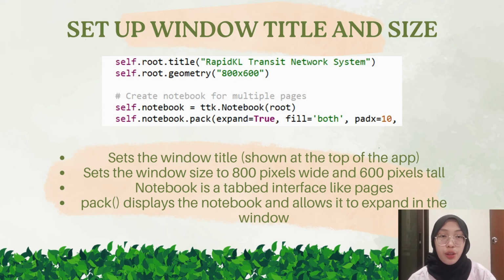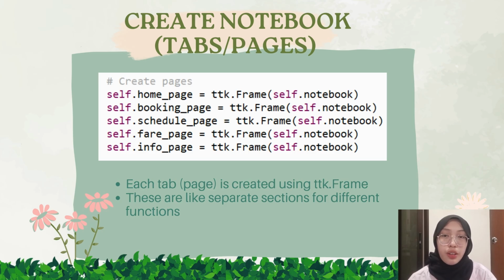The ttk.Notebook creates a notebook widget or a tabbed interface, and expand equals true and fill equals both makes the notebook expand to fill available space. These codes create 5 frames or pages for different sections of the application. These are like separate sections for different functions.